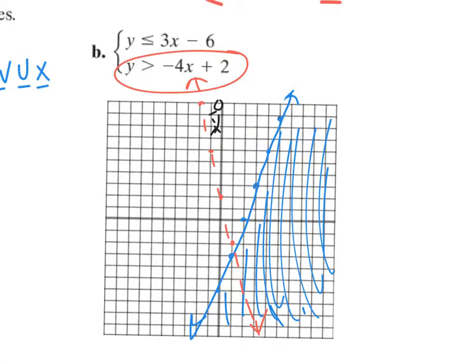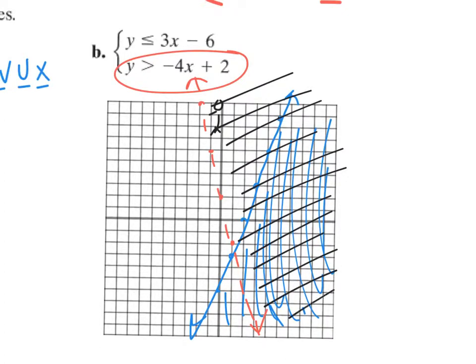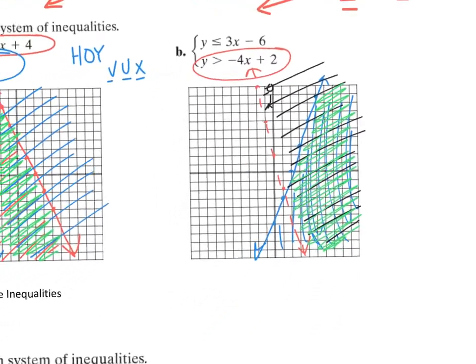So if it's greater than, you're going to shade above the person's head, which is going to be on this side. Where they overlap, you should darken, and that is going to be the solution to the system.